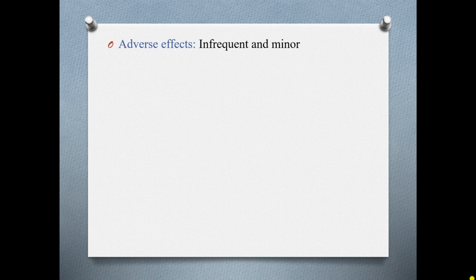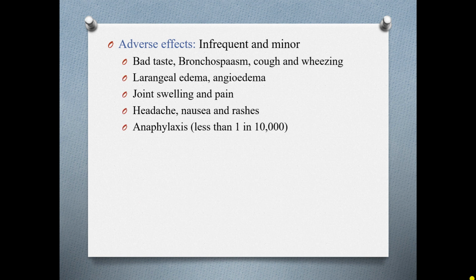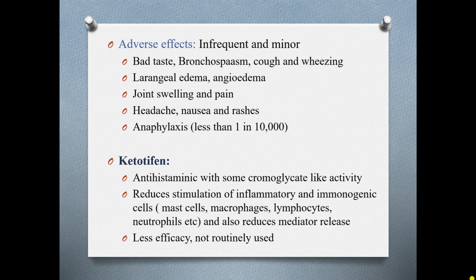Adverse effects are infrequent and minor. It produces bad taste, bronchospasm, cough, wheezing, laryngeal edema, angioedema, joint pain and swelling, headache, nausea, rashes, and rarely it produces anaphylaxis, which occurs in 1 in 10,000 cases.